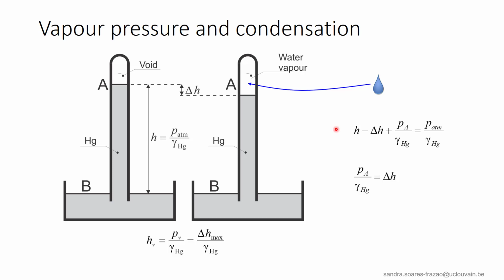If we continue adding water, delta H will increase up to a certain value when no more liquid water can be transformed into vapor. The water vapor is said to be saturated, and the corresponding pressure PA is the saturated vapor pressure.